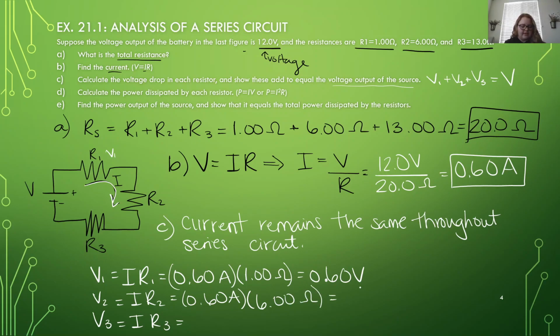So let's take that times 6, and we get 3.60 volts. And then our third one here, same amperage, and our resistance is 13 ohms. So 0.6 times 13, and we get 7.8 volts.